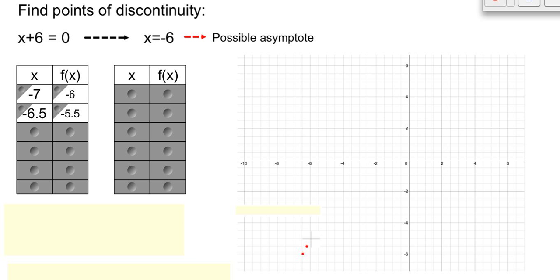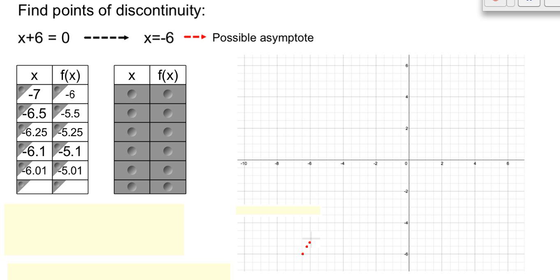And -6.25 is -5.25. So it doesn't really seem to be growing all that quickly. If we were to graph all of these points, we are getting closer and closer, but the y values don't seem to be approaching positive or negative infinity. In fact, they seem to be getting closer and closer to -5.